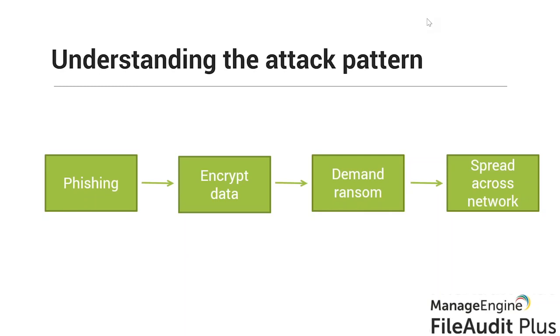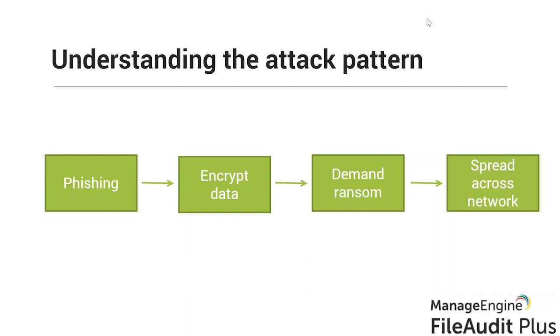Then when a user clicks or downloads an attachment, the ransomware payload gets executed on their system, and it immediately starts encrypting data: their files, their folders, their databases, even their entire operating system. When you try to click on a file, it demands ransom for decryption. It shows the ransom notice that we saw a couple of slides ago and says pay this amount.